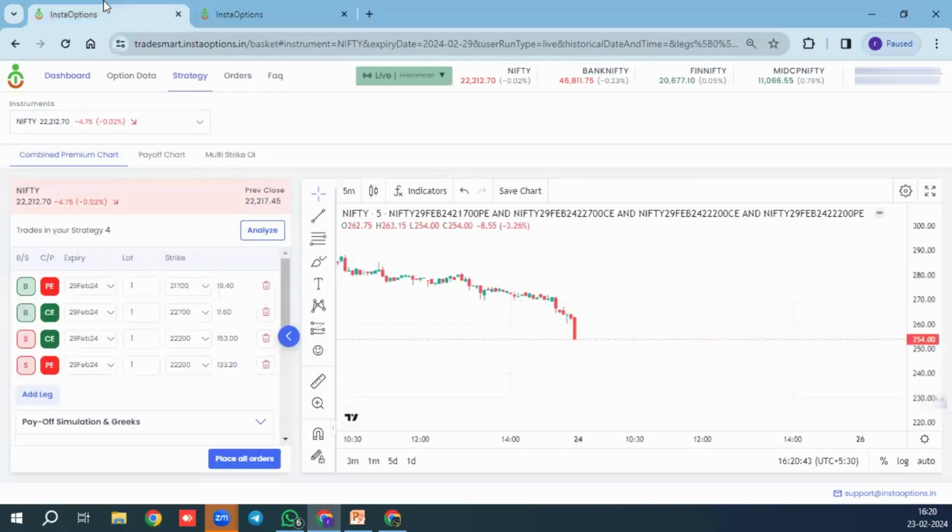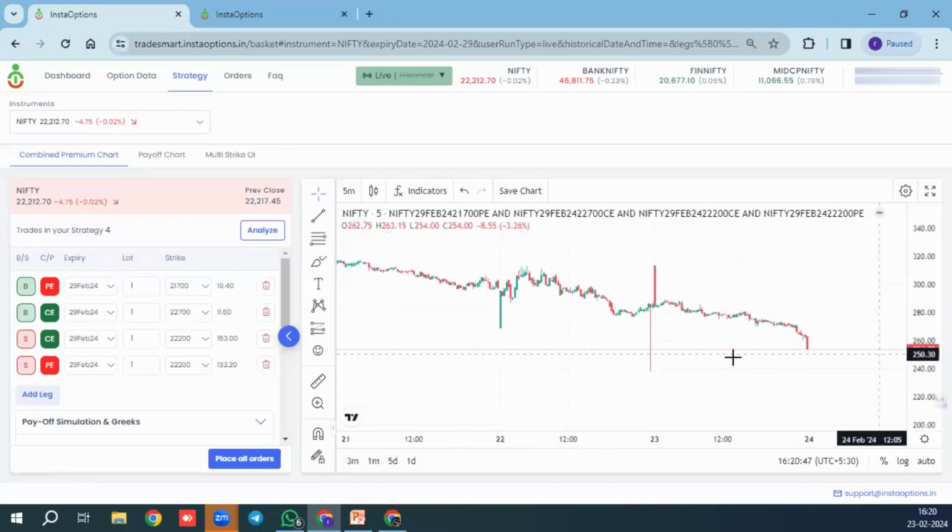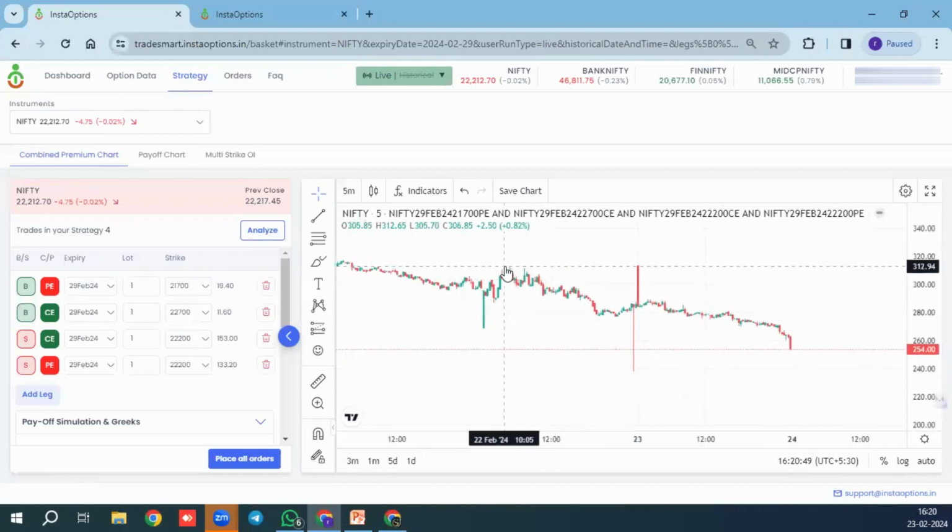Let's see what happened in the combined premium. From yesterday till now, this combined premium has come down. So even though the market shot up so much, in the combined premium we made decent money. This is the advantage of the combined premium.